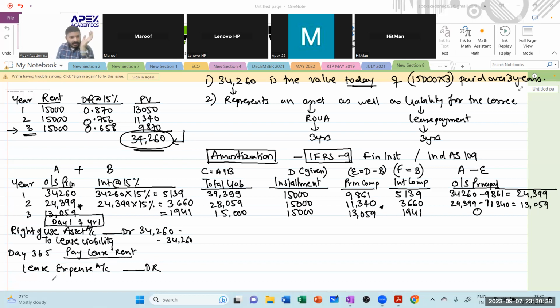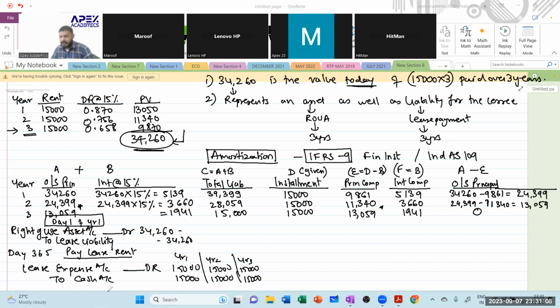Lease expense account debit to cash account. 15,000 on day 365 of year 1. 15,000 on day 365 of year 2. 15,000 on day 365 of year 3. So the primary apprehension that an experienced accountant had with respect to the payment of 15,000 has been taken care of. Now, what comes next?